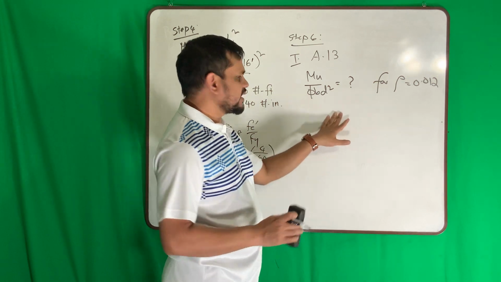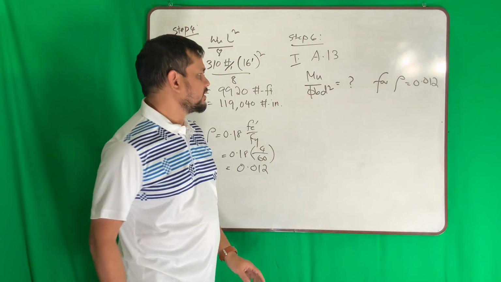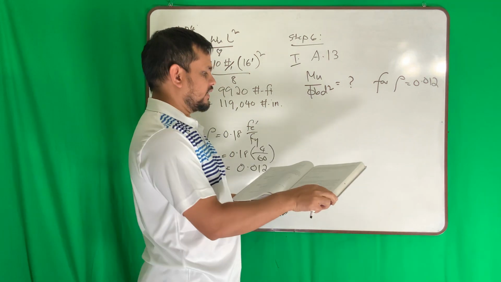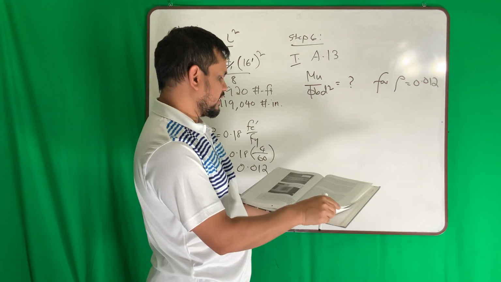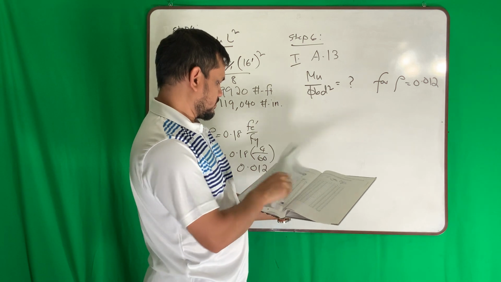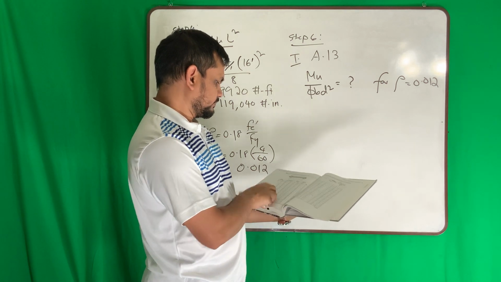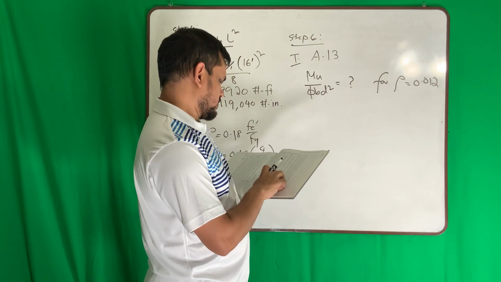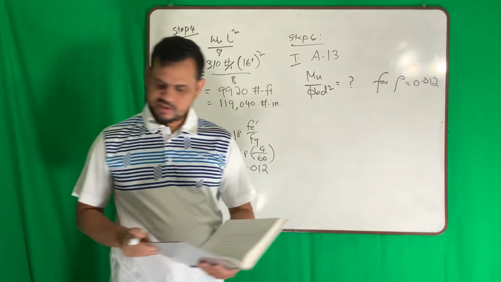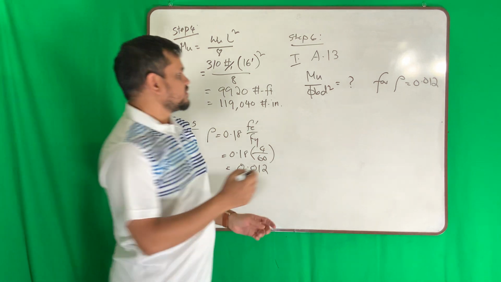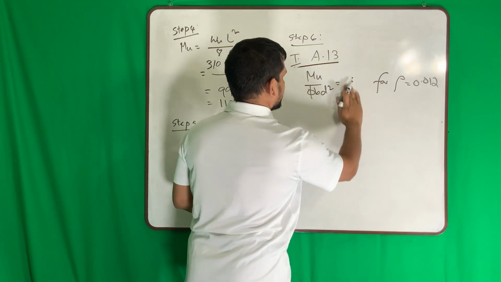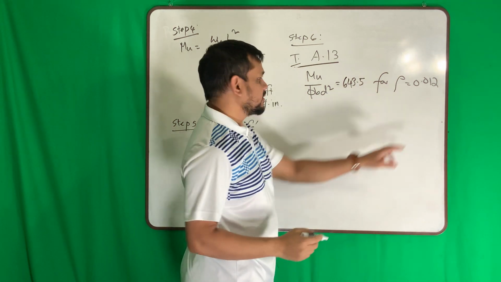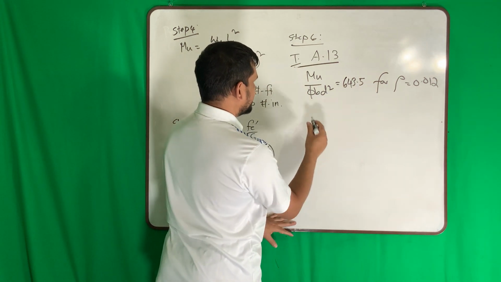Let us see in this first, what is our d required? Okay, what is this value? Appendix A13. From this table we got this value is 643.5 for this rho. Now let us calculate what is our d required.